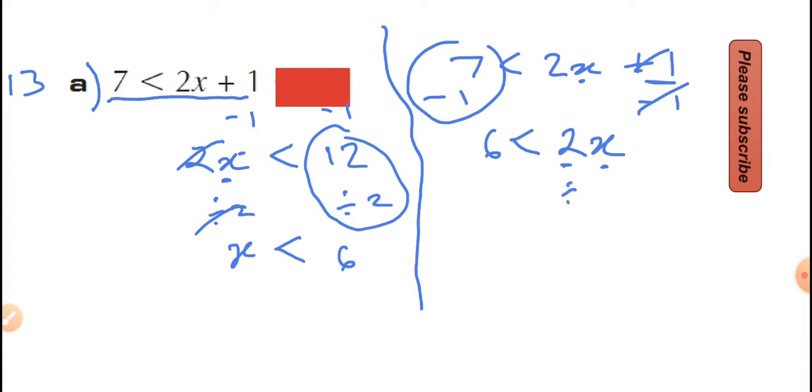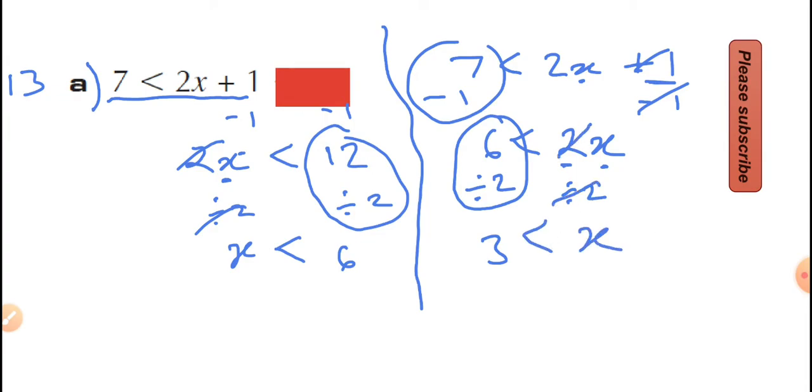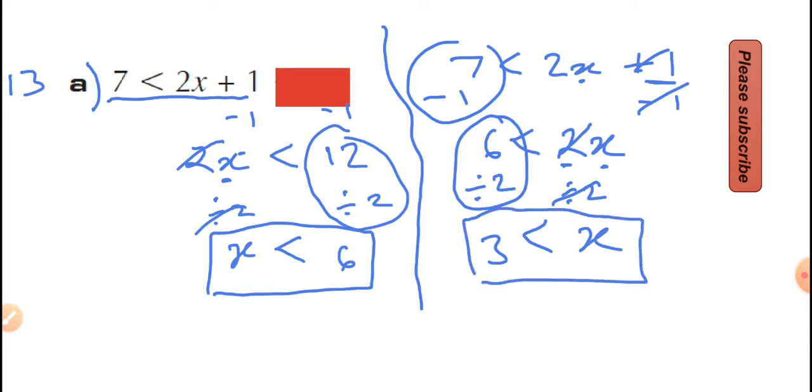So I have to divide by 2 here, I have to divide by 2 on the left. So on the left hand side, 6 divided by 2 is equal to 3. Copy the sign down. The times 2 and the divide 2 is cancelled out, leaving just x. So now I can see from the first part of my working out, x is less than 6. And with the second bit of my working out, I can see that x is greater than 3.